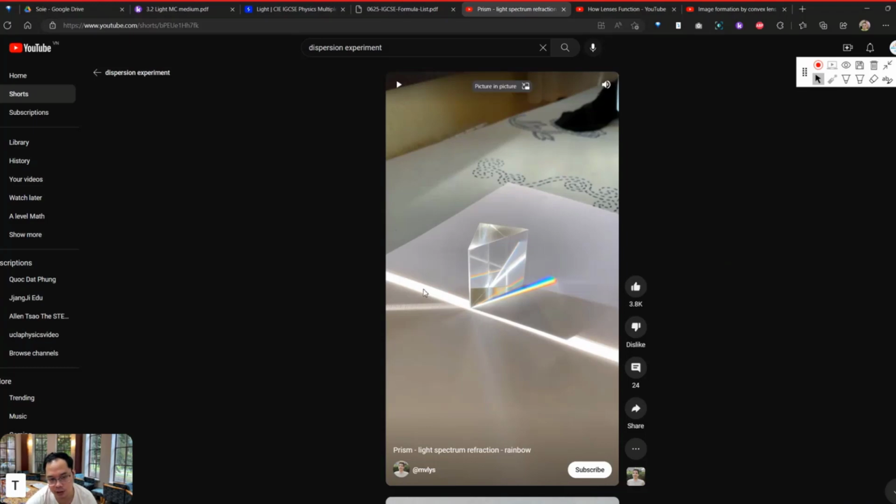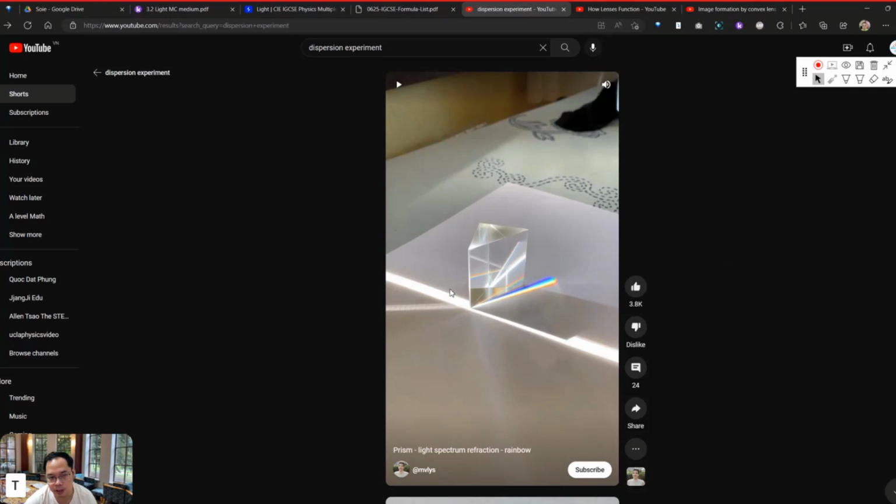Like the light from the sun getting through a window, forming a beam like this, and this glass prism is placed here, and it will refract the light beam and separate different colors, forming a spectrum like this, like a rainbow.